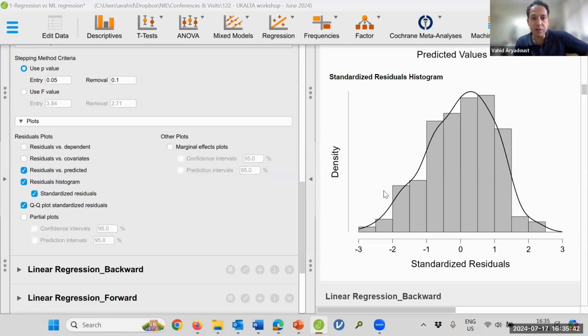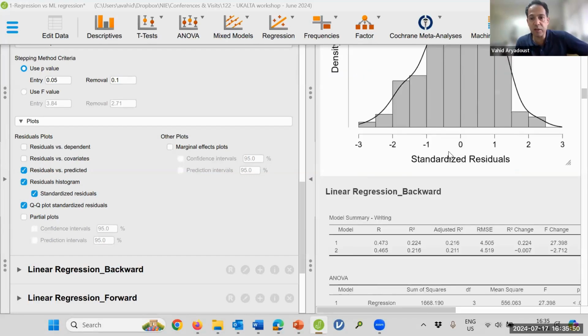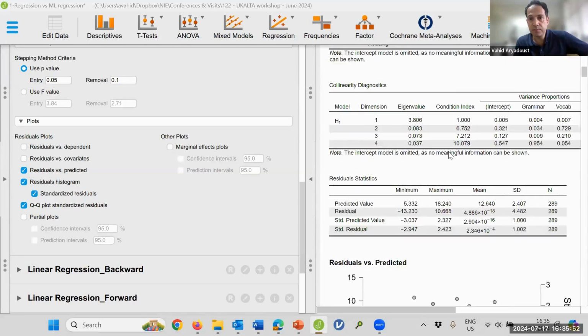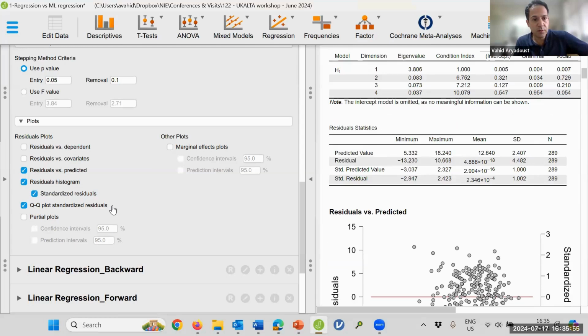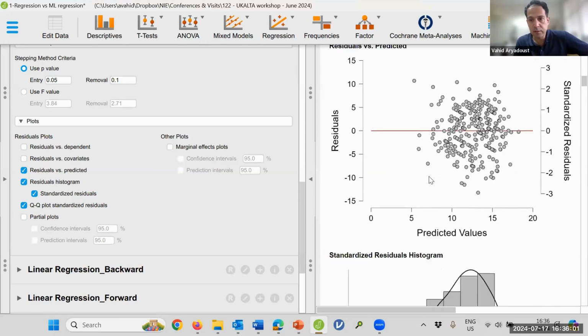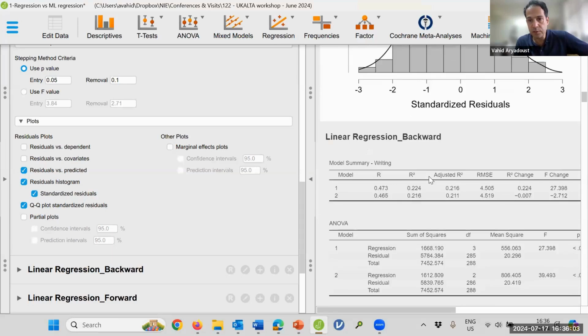So I would say the assumption is met. Again, let me reiterate that the assumption of normality applies to residuals or errors rather than the data. QQ plot residuals. Why is it that the QQ plot is not?